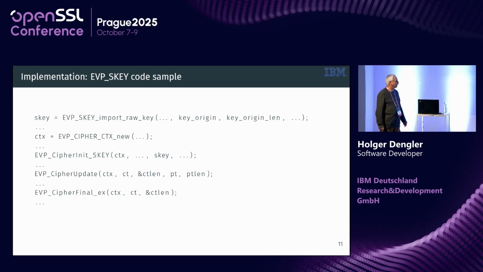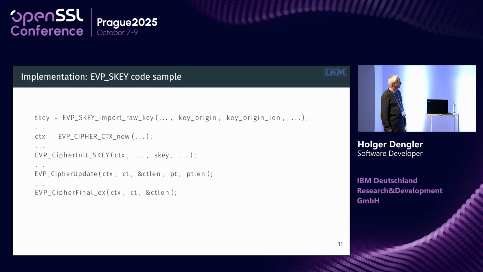We have an S-key import, we have an init for a cipher context, and we have the cipher operations, cipher update and cipher final, and all that I think is already known to you.